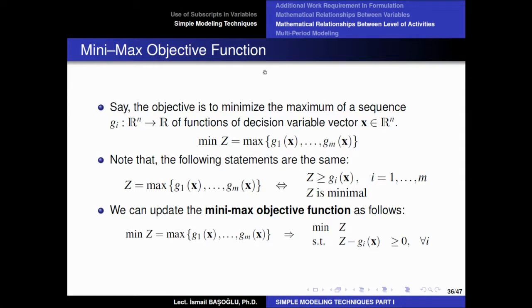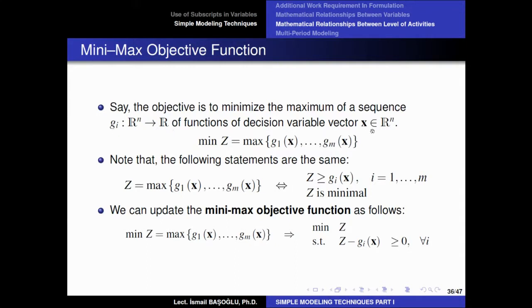So let's just say, just like in the previous applications, we are defining a sequence of functions g_i of the decision variables. Remember now, our decision variables constitute a vector x, which is shown in bold notation because it is a vector in n-dimensional real number space. So we are defining a sequence of functions.